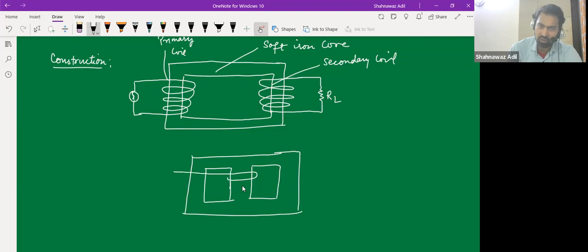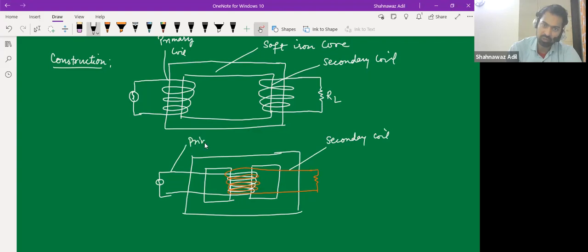So this one, and this one. This is the secondary coil, and this is the primary. And this is the load resistance. This is the soft iron core, right?